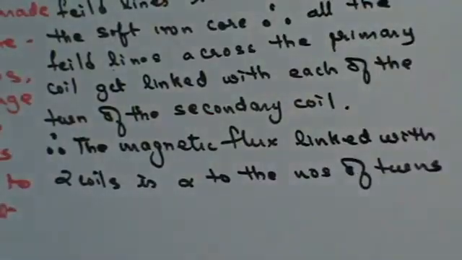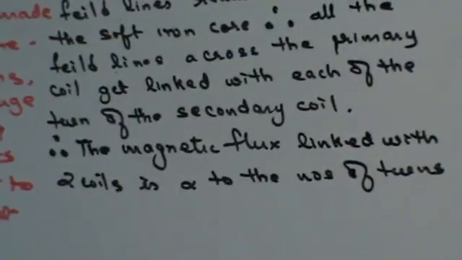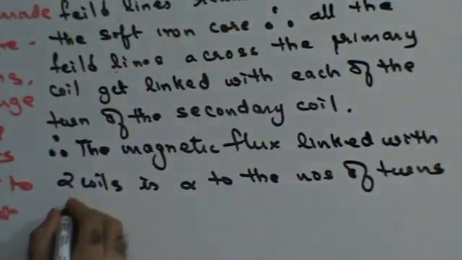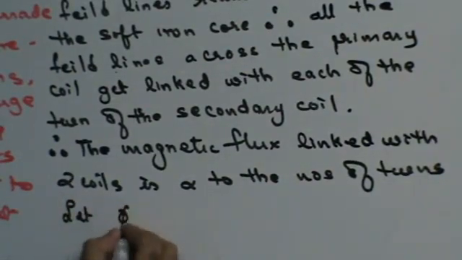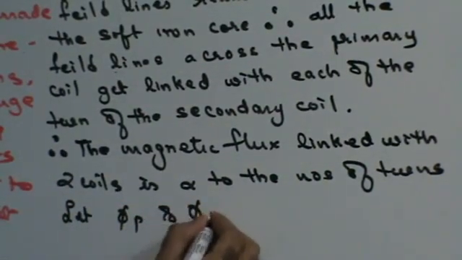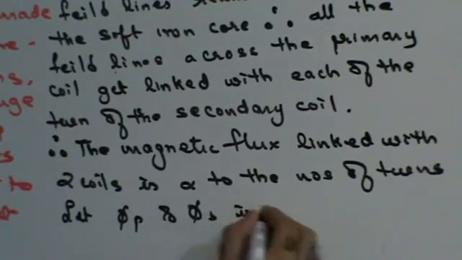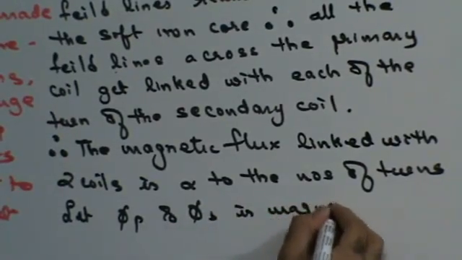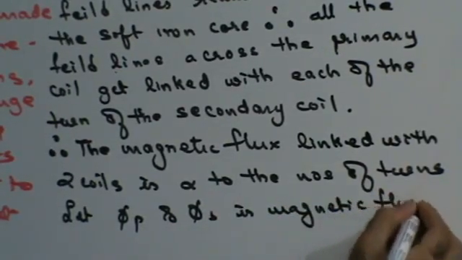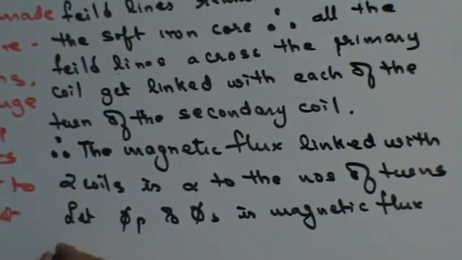Now once I know this, let us assume that phi p and phi s are the magnetic flux of primary and secondary.